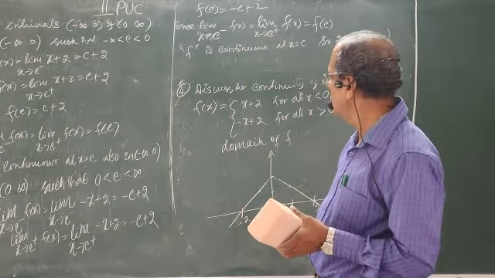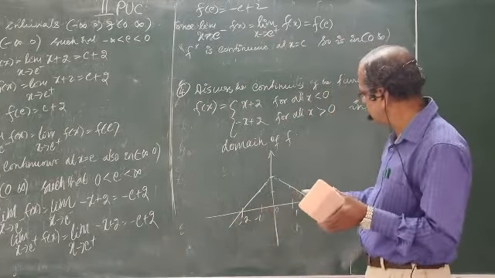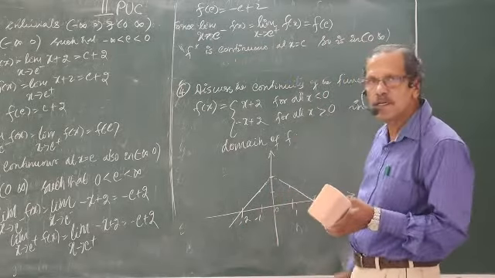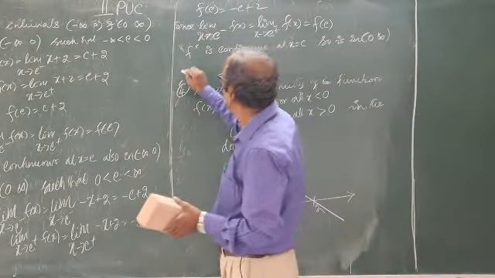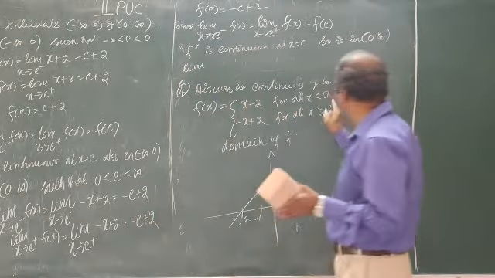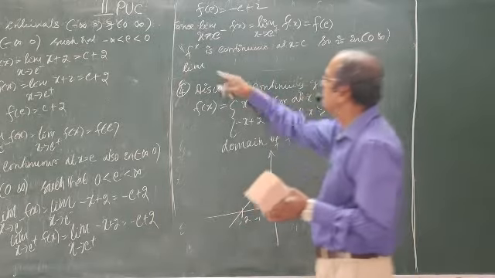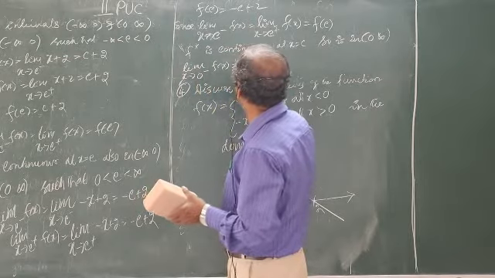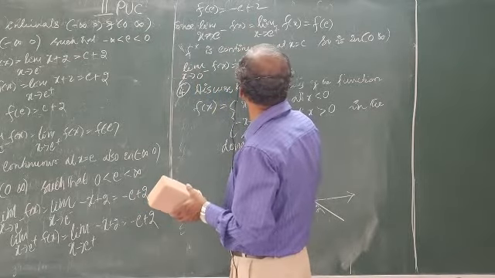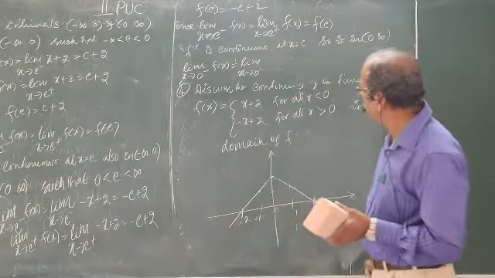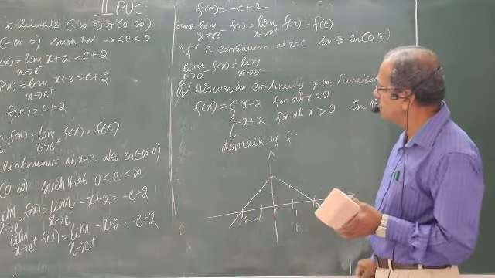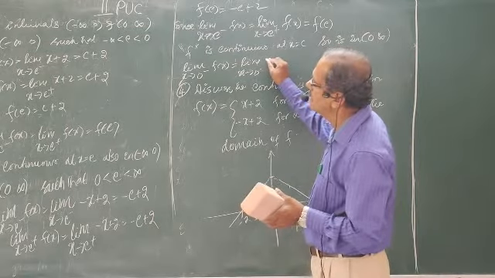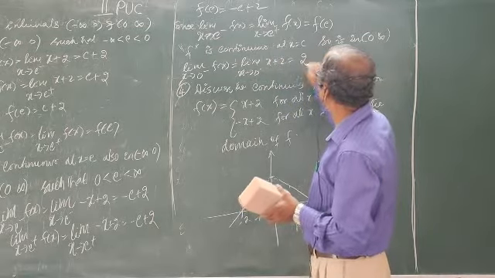Now, is it necessary to show whether it is continuous at x equal to 0? Actually, in the domain it is not included. Anyway, let me show that also. Limit x tending to 0 minus f of x: on the negative side the equation is x plus 2, so 0 plus 2, which is 2.